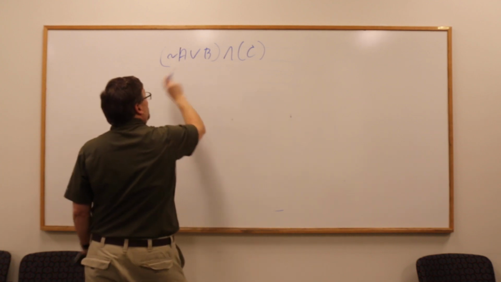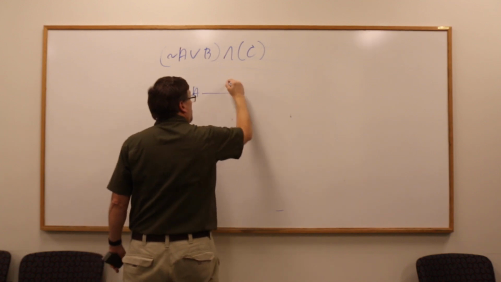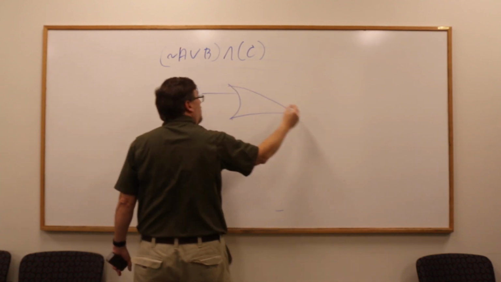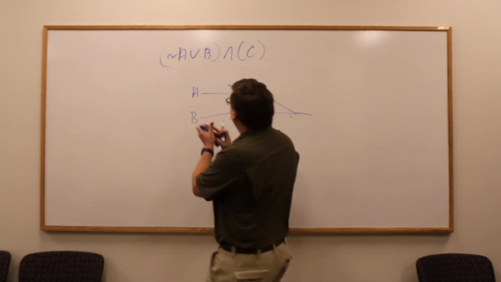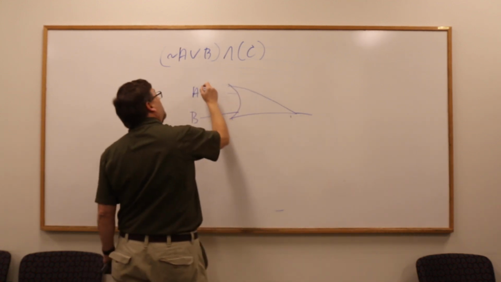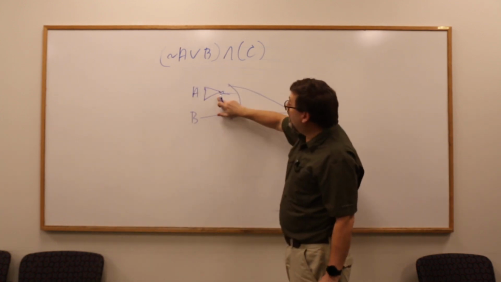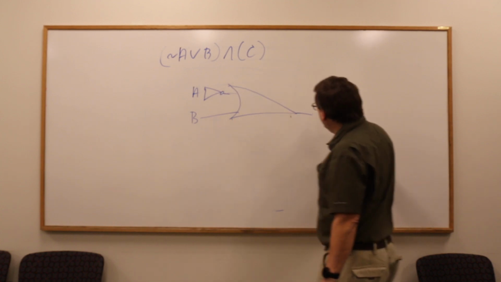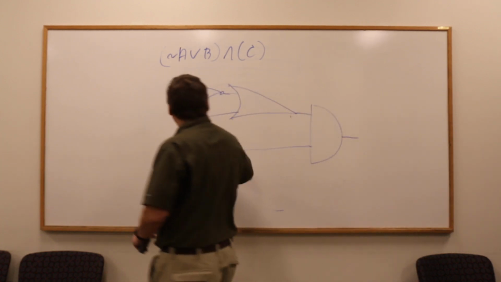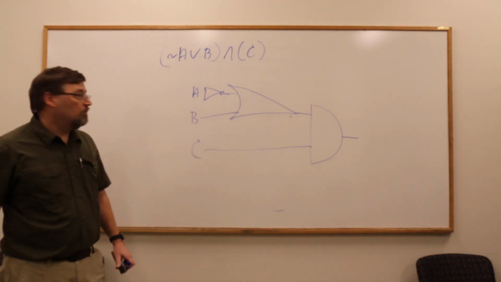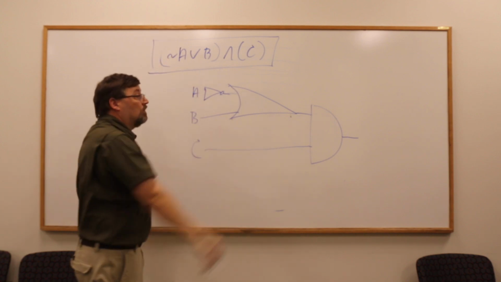We do A or B, and then we want to do a NOT A, so we have to put the NOT A in. And so we have NOT A or B. And then we need to AND that with C. And so we have a digital circuit that is this, but in a digital circuit form.